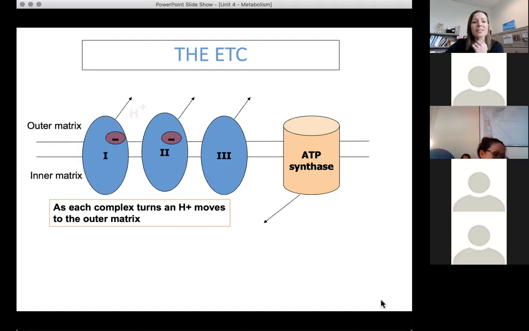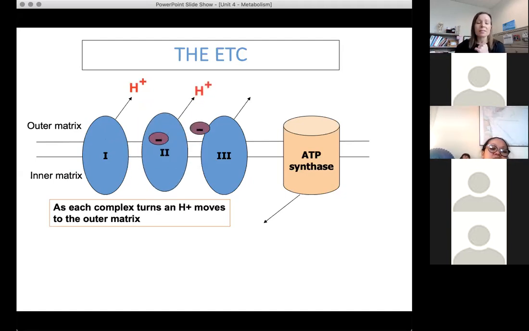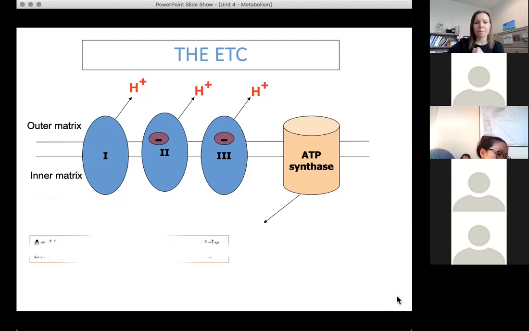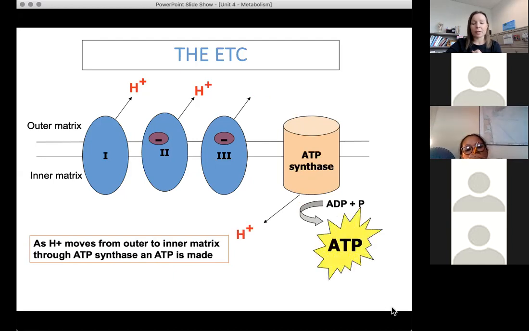So you can see as the electrons are passed from one carrier to the next, they provide the energy to pump the hydrogen ions out. Then, as the hydrogen ions are allowed to move back in through ATP synthase, ATP gets made. So look, now they come back in and you make ATP.